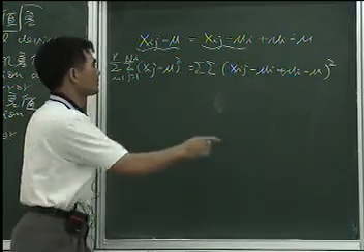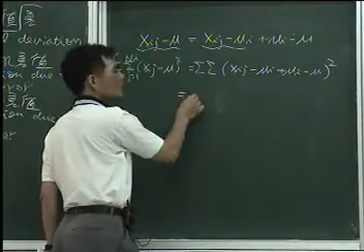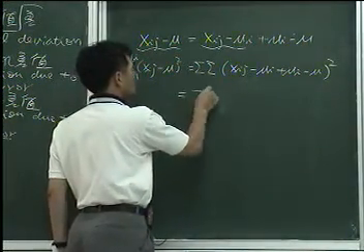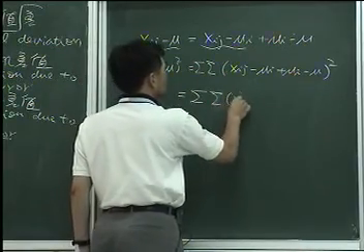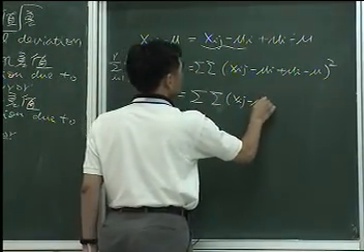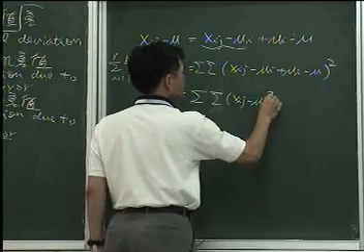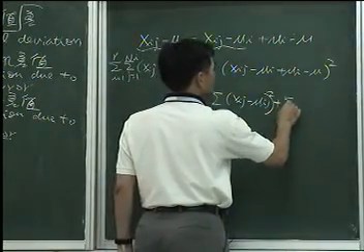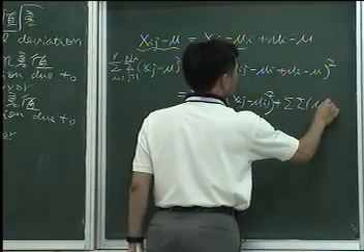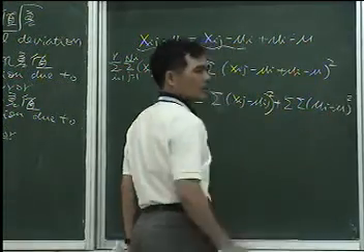Sorry about that. What we end up with is the summation of (Xij minus mu_i) squared plus the summation of (mu_i minus mu) squared.